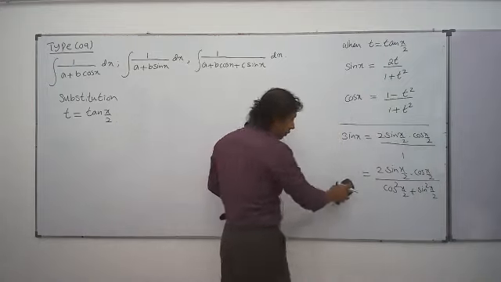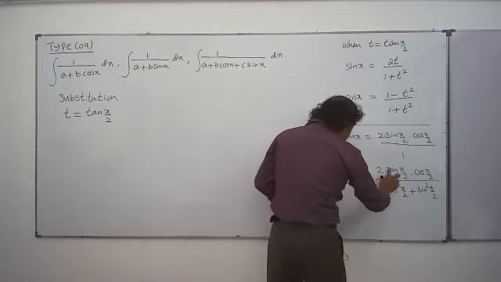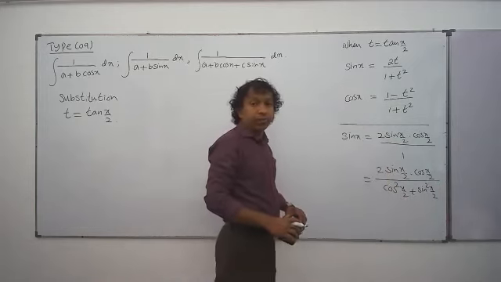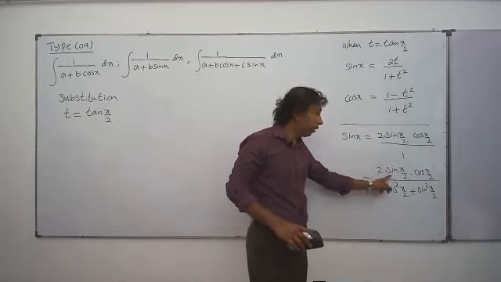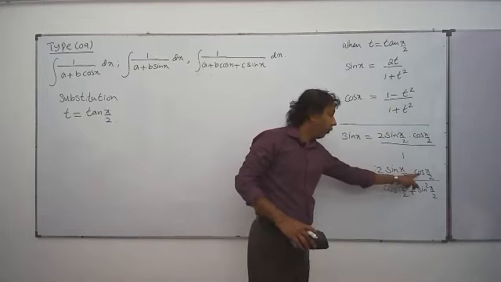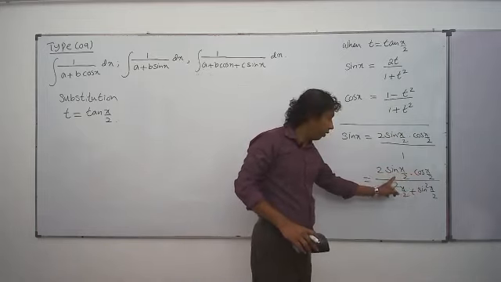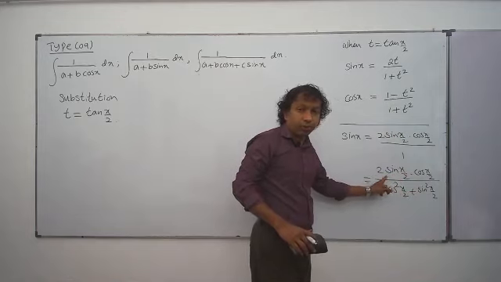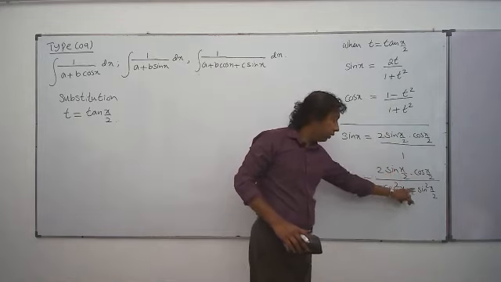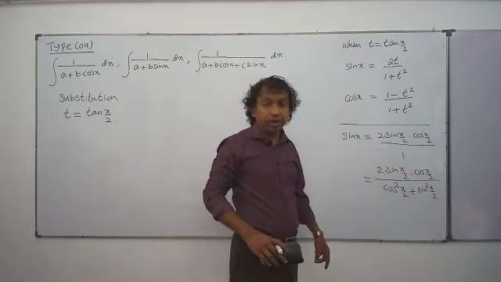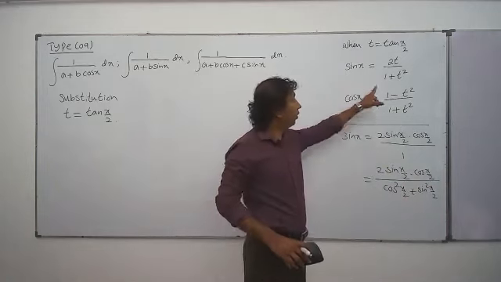Now we divide both the numerator and denominator by cos squared x by 2. One cos x by 2 we can cancel down, the other one with this sine we get tan x by 2. 2 tan x by 2, tan x by 2 is t, therefore 2t coming. Here 1 plus tan squared x by 2 is 1 plus t squared.